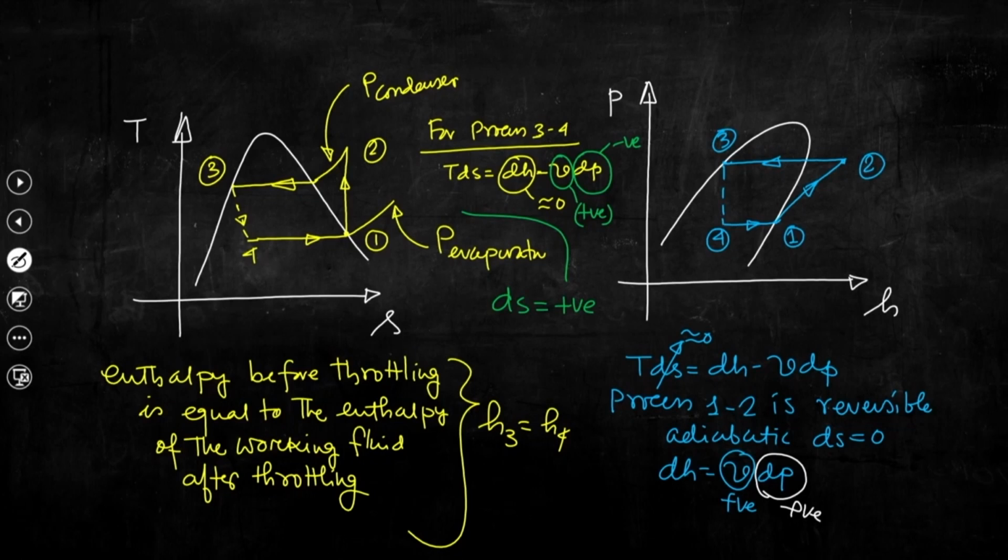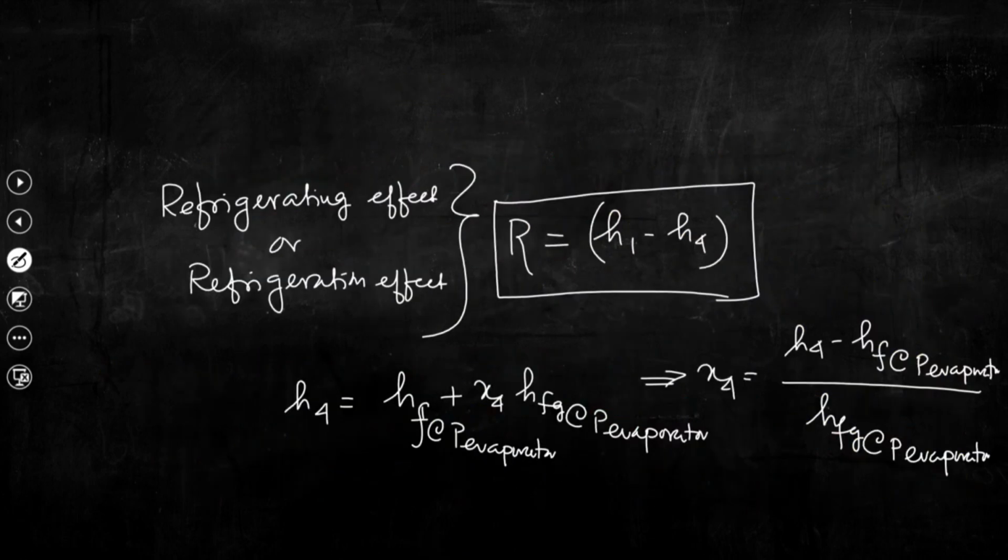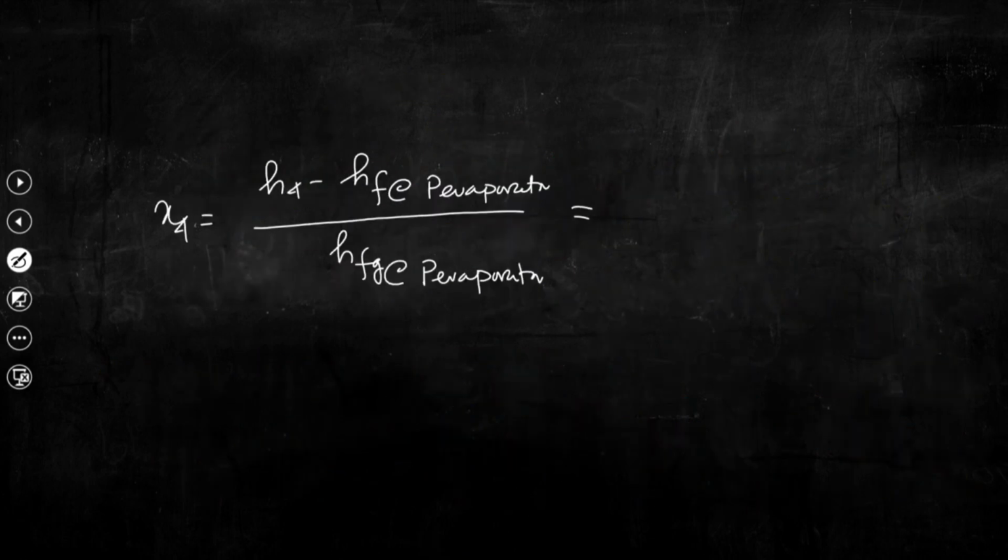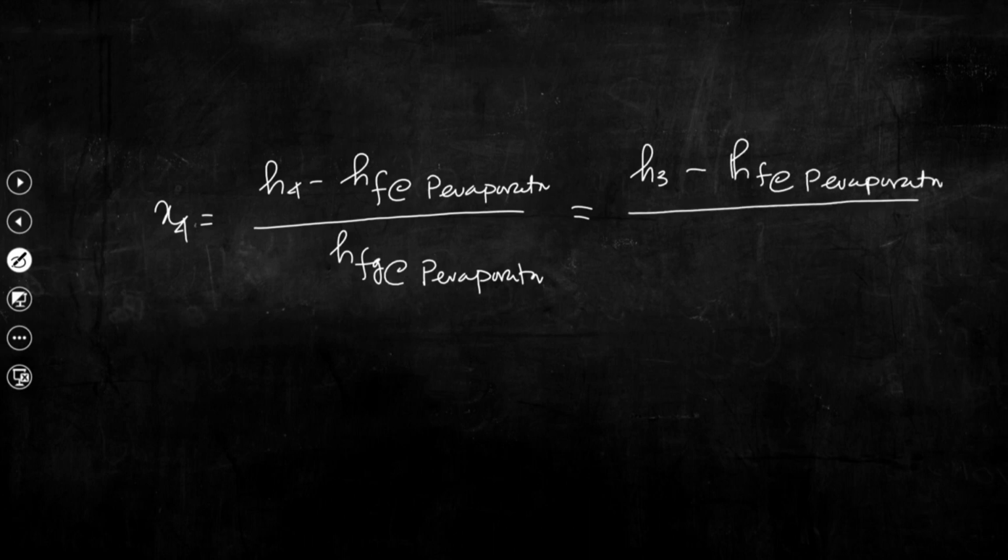That is HF at the condenser pressure, that we can see from the state diagram. So, this is H3 minus HF at P evaporator divided by HFG at P evaporator.